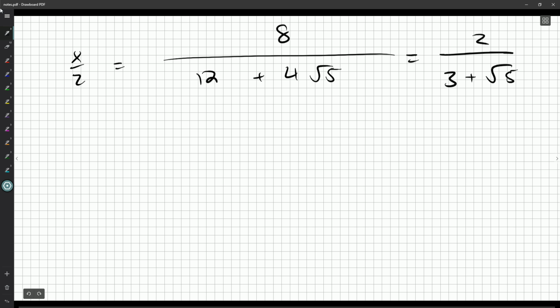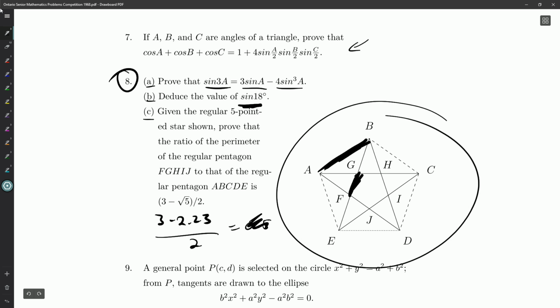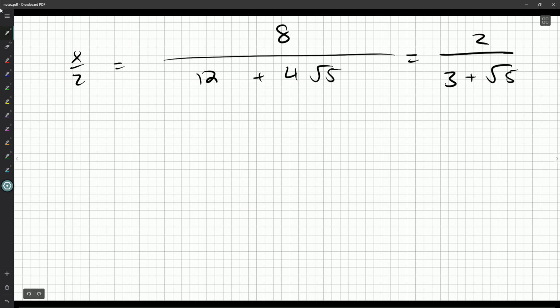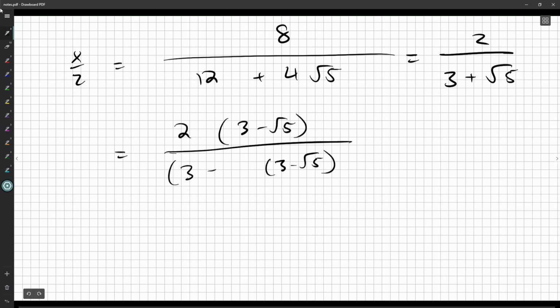Now they've got 2 on the bottom there. But the point is they've got an integer, so let's rationalize the denominator. 3 minus root 5 on top, 3 minus root 5 on bottom, and a 3 plus root 5 here. So that'll be 2 times 3 minus root 5.